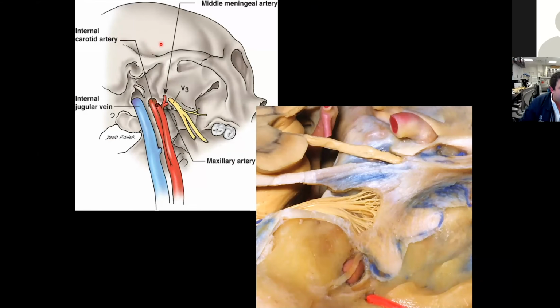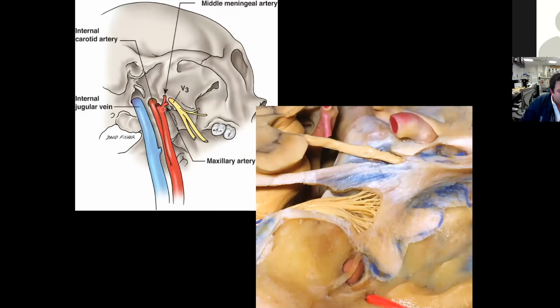It's a great target for bypass, as well as the internal maxillary artery, which is running in this direction towards the infratemporal pterygopalatine fossae. And the internal maxillary artery gives off the middle meningeal artery in most cases.